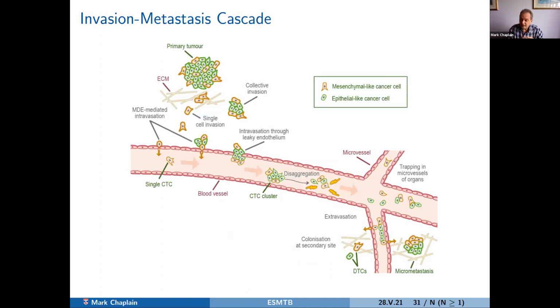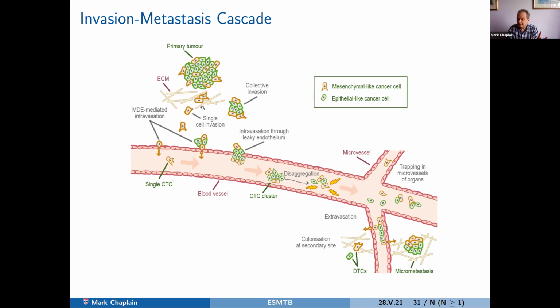And so then we need to take that invasion model and connect it with metastatic spread. Just an overview of the metastasis: it's called the invasion metastasis cascade. So here's our primary tumor, and that begins to invade through the mechanisms that I've just described. And then these are the mesenchymal cells.